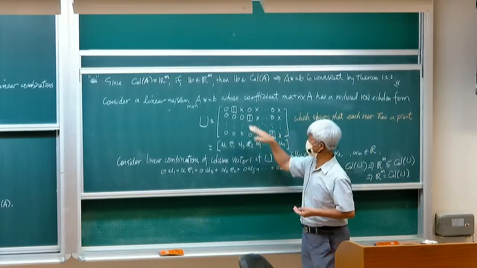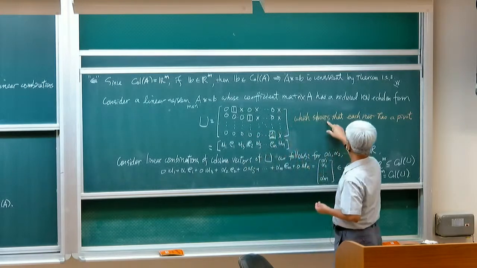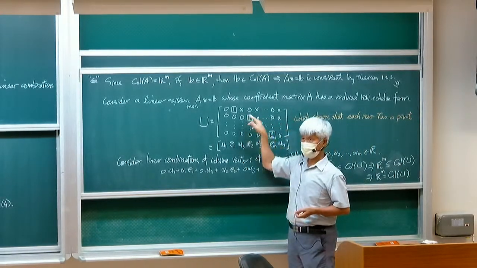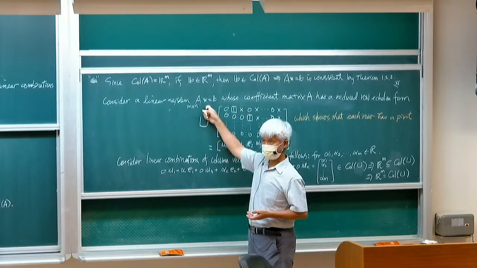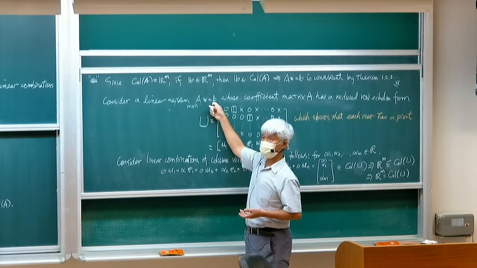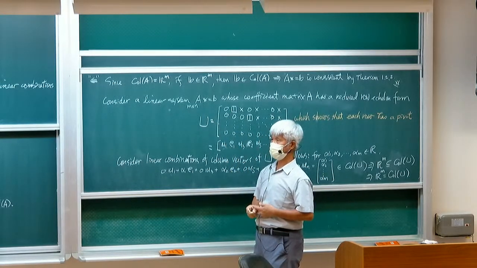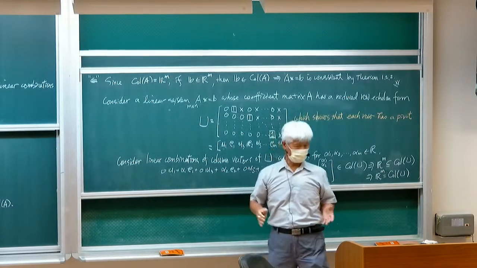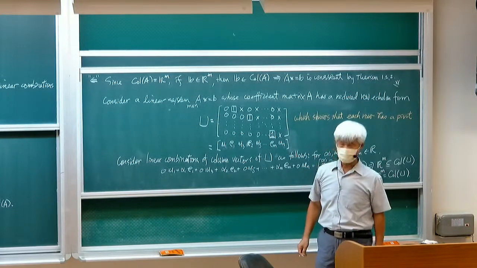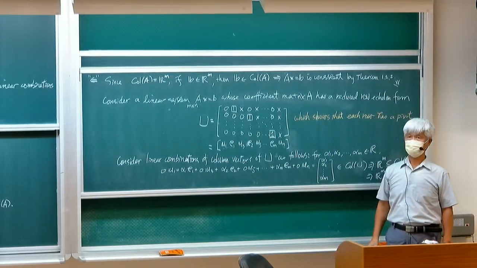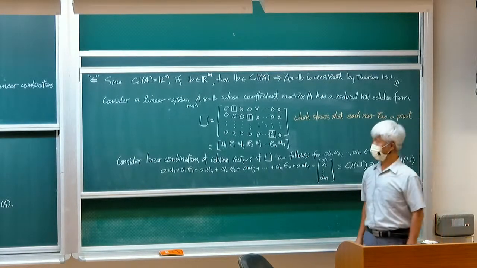And you look at every row to see if there is a pivot or not. If every row has a pivot, then such a linear system is consistent for every right-hand side vector B. Okay, so that is very good, a very positive result. Questions?